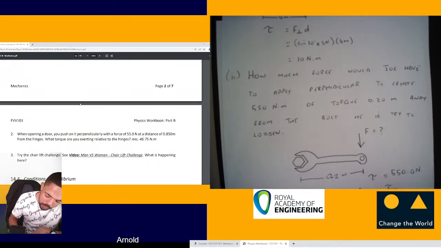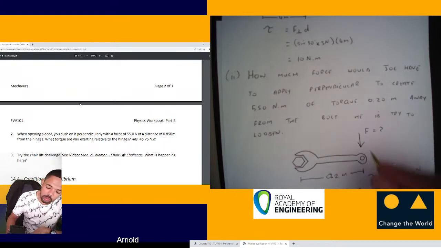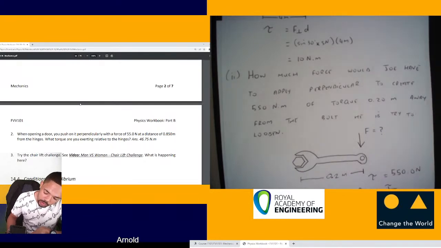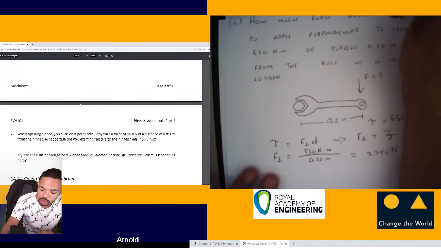So the perpendicular component of the force is going to be equal to the torque, in this case 550 Newton meters, divided by the distance of 0.2 meters, which gives us a force of 2,750 newtons. So a force of 2,750 newtons acting at a distance of 0.2 meters will bring about a torque of 550 Newton meters.